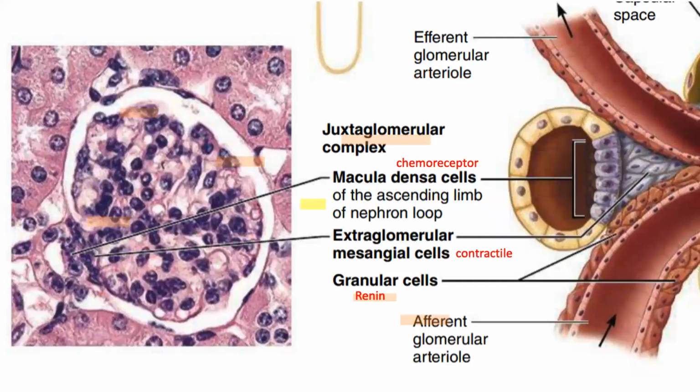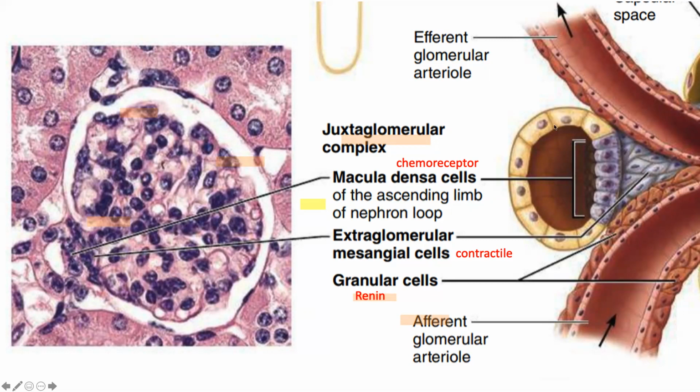So now I hope we can understand this diagram where the afferent arteriole, the cells become thickened as it comes into the Bowman's capsule. These are called granular cells, and leaving is the efferent arteriole from the glomerulus.